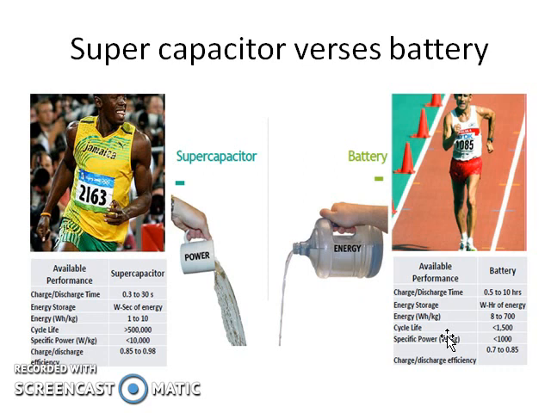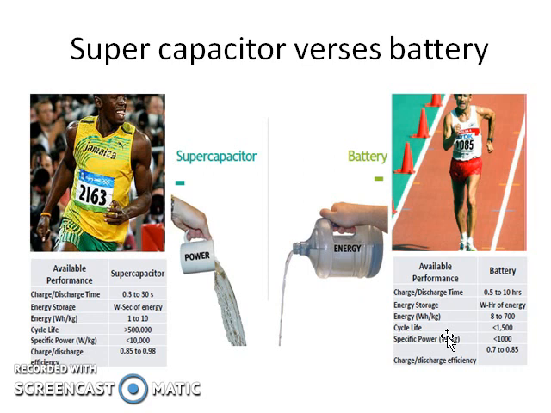Then an important parameter we considered is the cycle life. The cycle life is greater than 5 million for the supercapacitor, while in the battery the cycle life is less than 1500. So while comparing, we observe that the life of the battery is very less as compared to the supercapacitor.